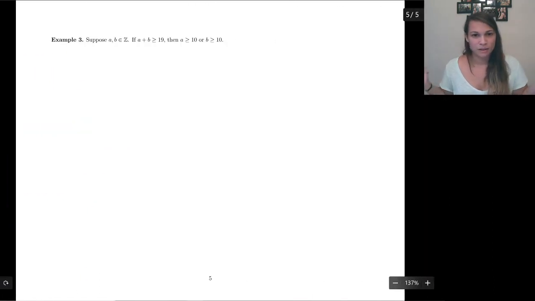Last proof. Let's try: a and b are in Z. Then if a plus b is greater than 19, we're going to get that either a or b has to be bigger than or equal to 10. So let's think about that. What if we tried to go at this directly?